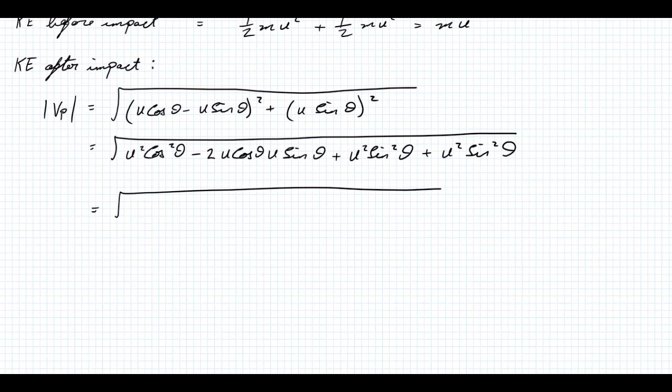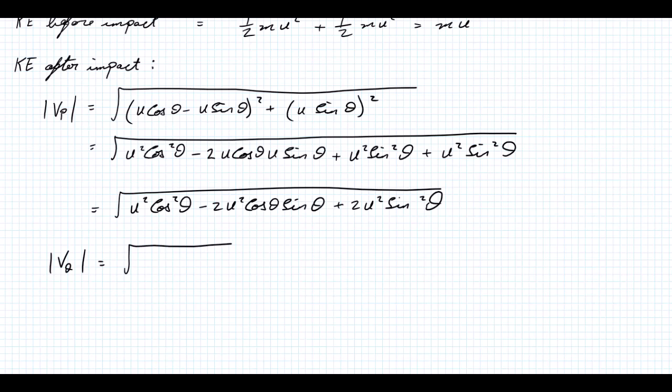We've got u squared cos squared theta. We have a minus 2u squared cos theta sine theta. I just multiplied these two u's here. And here we've got a u squared sine squared theta, u squared sine squared theta, so that's two of them. Okay, so that's the magnitude of the velocity of P after impact. Let's find the magnitude of the velocity of Q after impact.